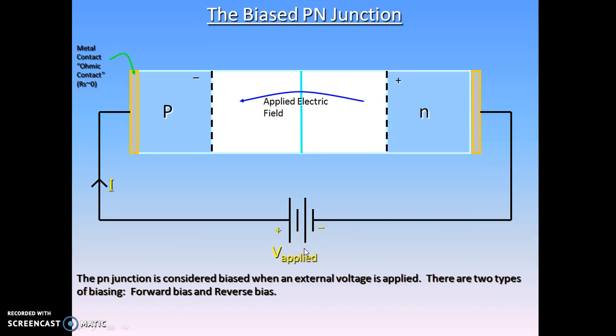When an external voltage is applied to the PN junction, then biasing occurs. There are two types of biasing: one is the forward bias and another is the reverse bias. When the positive part of the applied voltage is connected to the p-type material, then forward bias occurs.